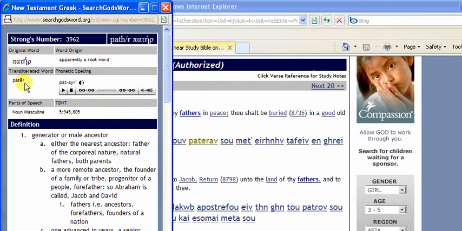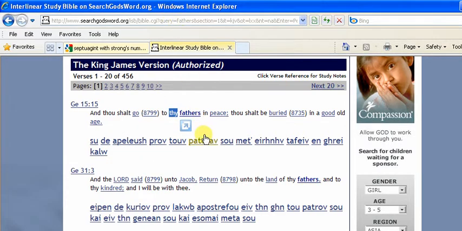and Strong's number 3962, and we see the same definition in regard to the word pater. And so I just wanted to point that out, that in the Old Testament, most times we will translate fathers instead of ancestors.